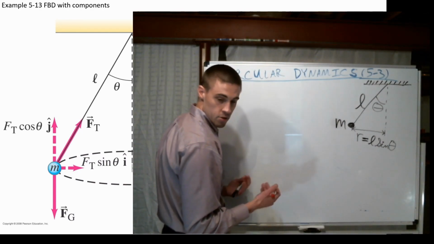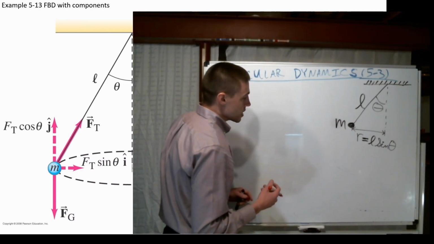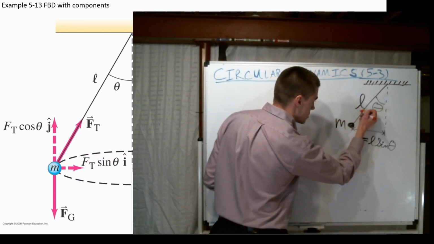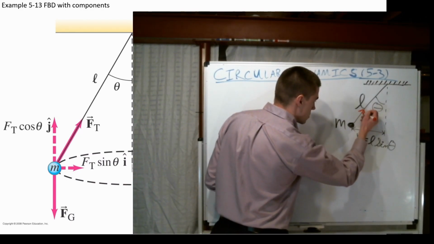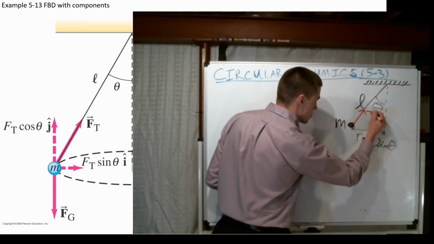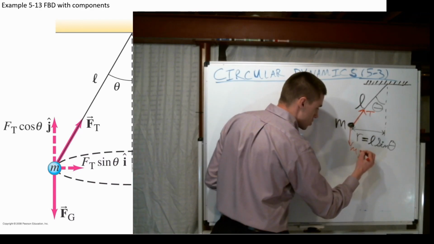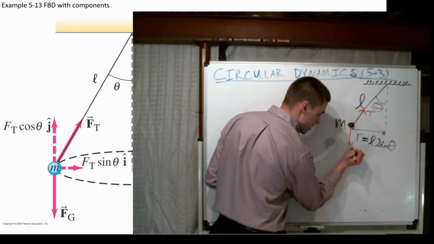That comes from trigonometry. And I can then indicate my two forces here. There is the tension force pushing up in this direction, and there is the gravitational force, mg, pulling down in this direction.